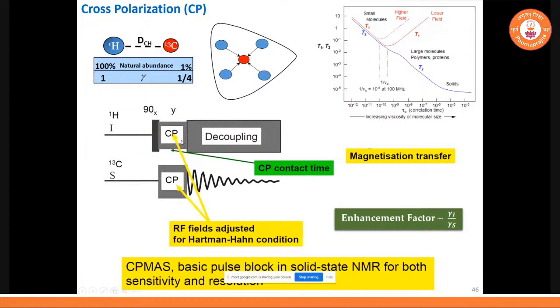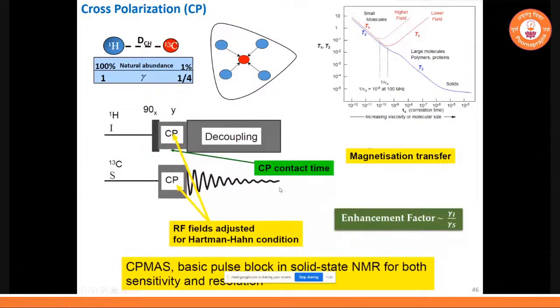That sequence is known as cross polarization in solid state. What does it do? Here we first excite proton, then we apply some pulses. During that time, we match the energy levels of proton as well as carbon. Thereby we transfer the polarization from proton to carbon. It is mediated by the dipolar coupling. It is a communication agent between proton and carbon.